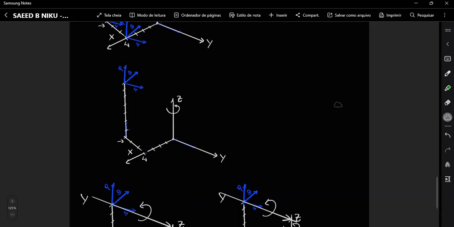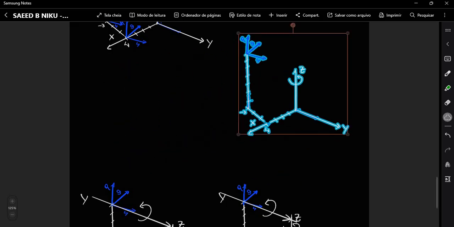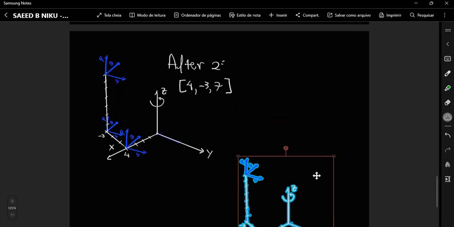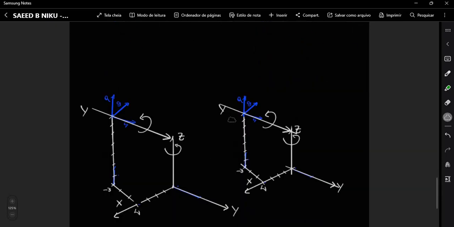Let me get some space to do the transformation.